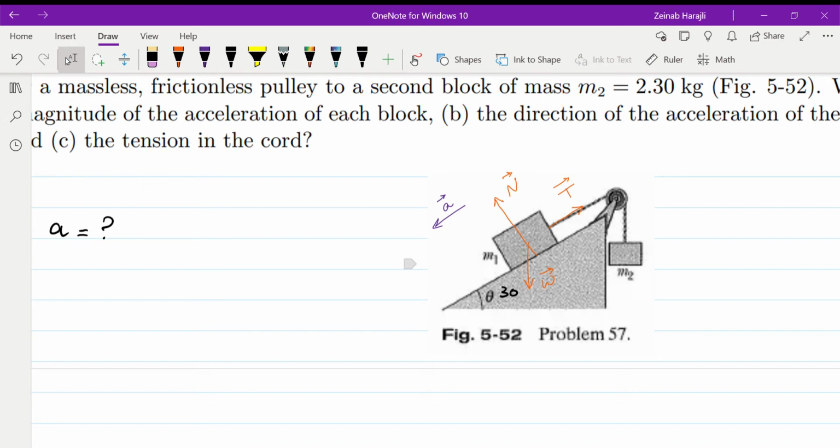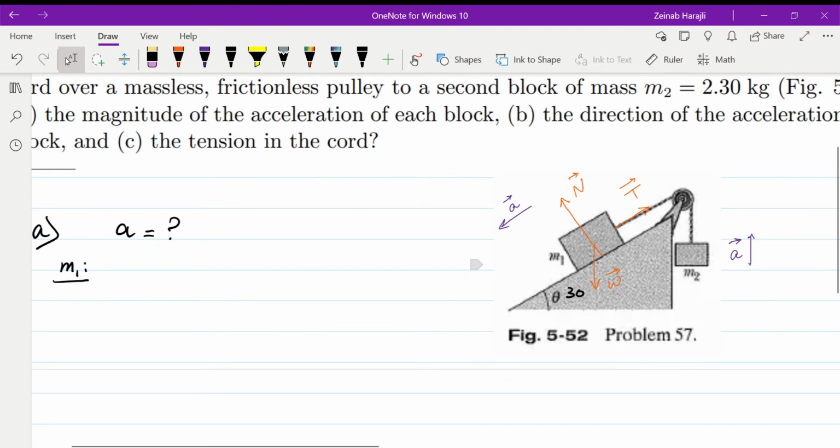This means that our guess of the direction is incorrect and the acceleration is actually up the incline. Of course, once we put this guess for the mass M1, M2 will also have to be consistent with the direction that we selected for M1. So our guess for M2 must be upwards.